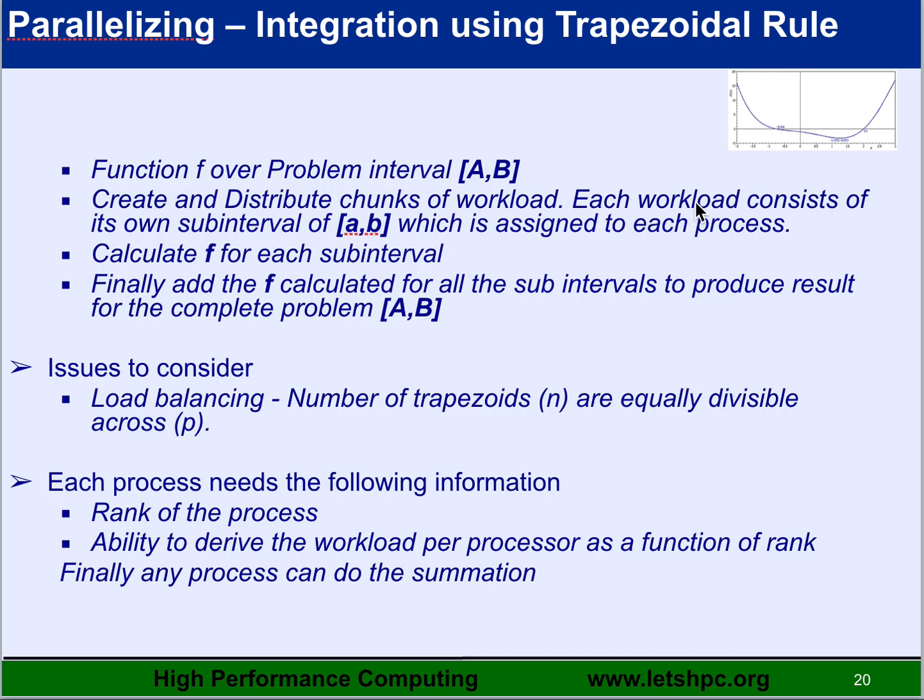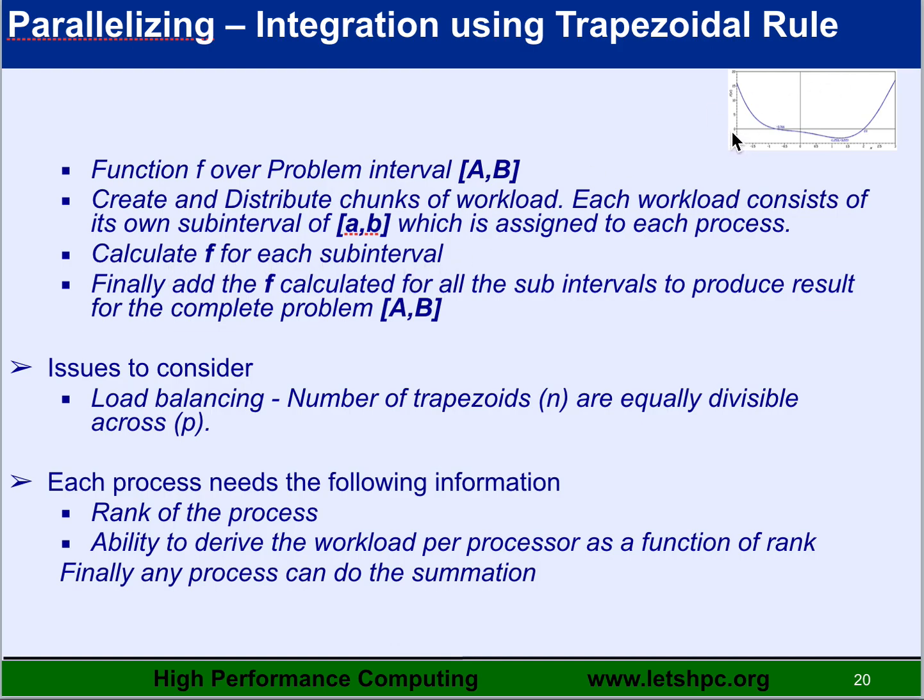Each workload ideally consists of its own sub interval, which are generally the same size for load balancing purposes, and these are assigned to each process, and then we can calculate the f for each sub interval.